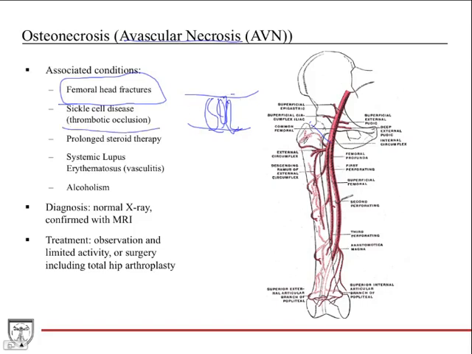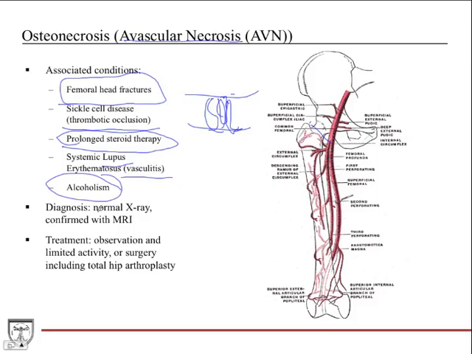So again, cutting off the blood supply, but in a different way. Prolonged steroid therapy, this usually weakens the bones. Steroids stimulate osteoclast activity. Lupus as well, and this is thought to be due to vasculitis, so inflammation of the blood vessels again, so cutting off blood supply. Notice all these have to do with affecting the blood supply, and then also severe alcoholism as well.